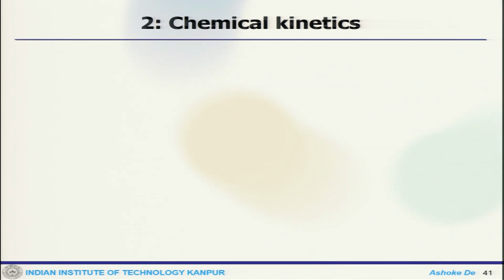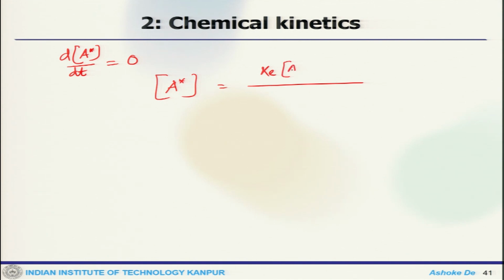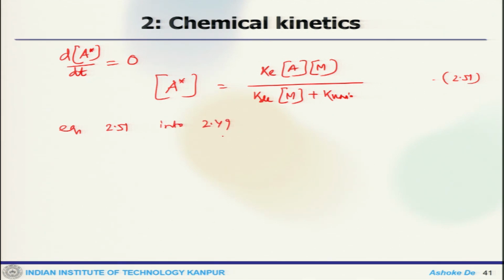Now, you apply the steady state approximation for A star, which will be d A star by dt equals to 0. From there, we get the concentration for A star is K E A m divided by K d E m plus K unimolecular. So, this is what you get. Now, we substitute equation 2.51 into 2.49.